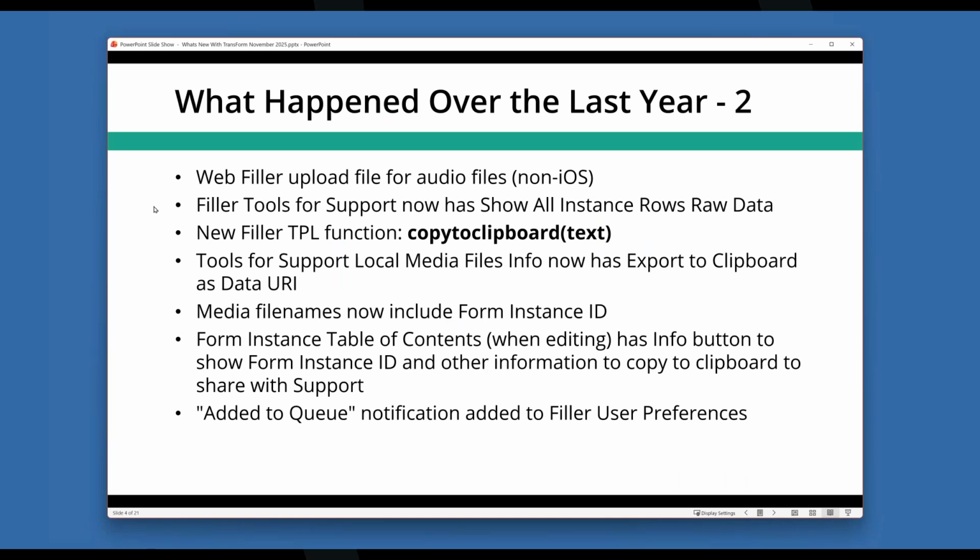But it now has an info button that will show the form instance ID and other information that might be useful for you to support customers in the field, and it'll copy it to the clipboard, so it's really easy to share. It used to be much more roundabout to get certain information like that, which you might want to send to support when you are supporting customers.